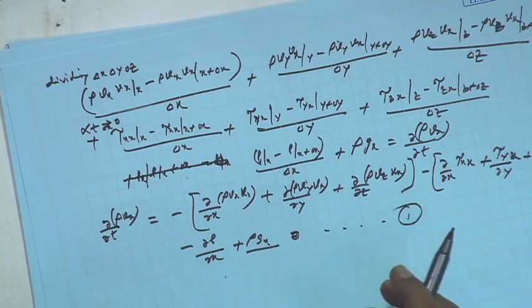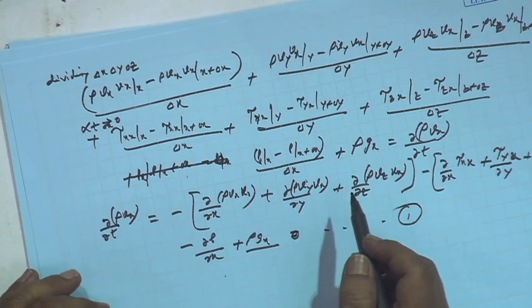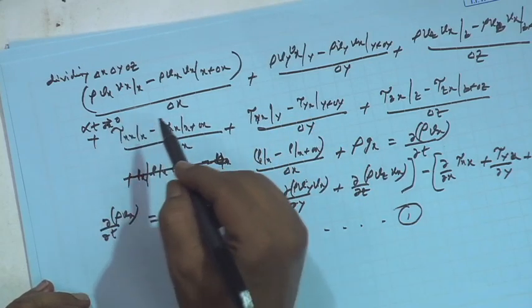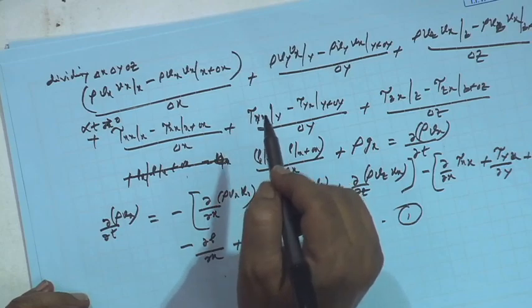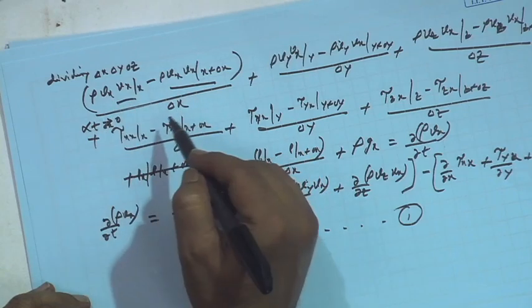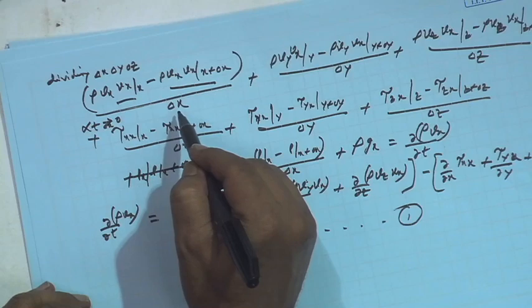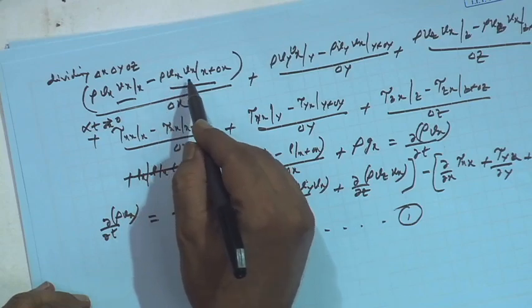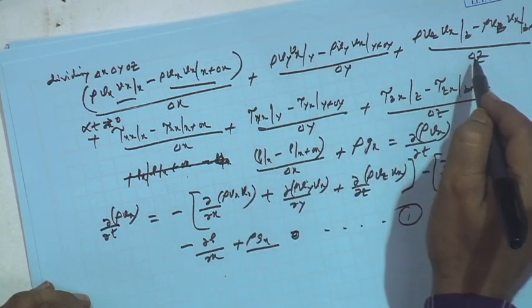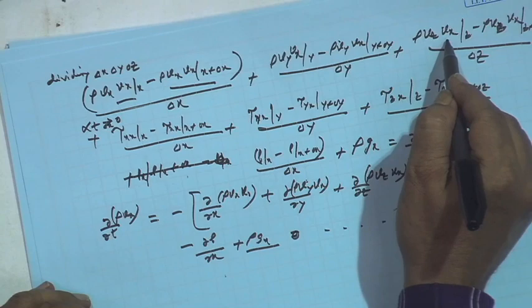In this case, remember that we have applied the concept that limit Δx, Δy, Δz tends to 0, and by the definition of derivative, out minus in over delta is nothing but the derivative, that is ∂/∂x of ρv_x v_x, ∂/∂y of ρv_y v_x, ∂/∂z of ρv_z v_x, right.